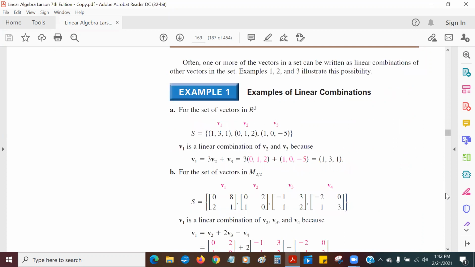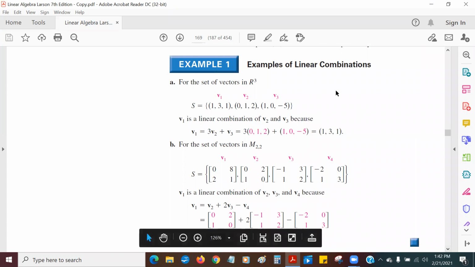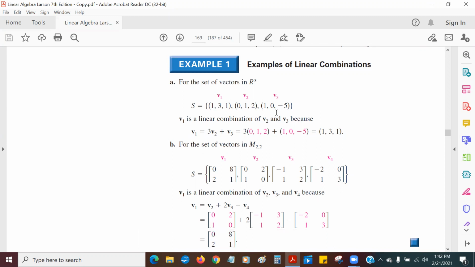Let's see what we got here. First, let's just do some examples. Here we have three vectors in R3: (1, 3, 1), (0, 1, 2), and (0, 0, 1), (1, 0, -5).